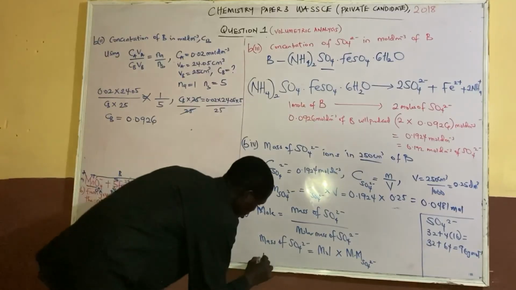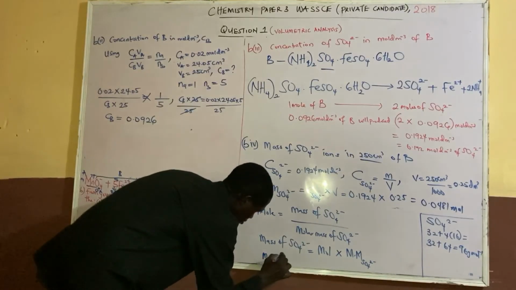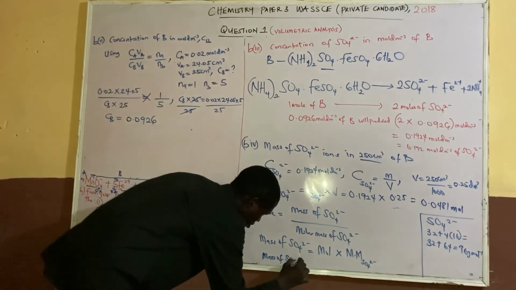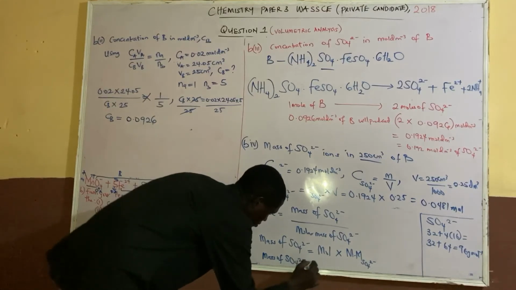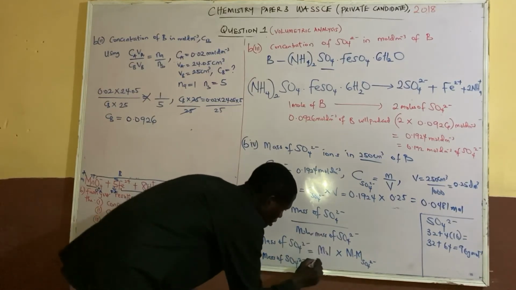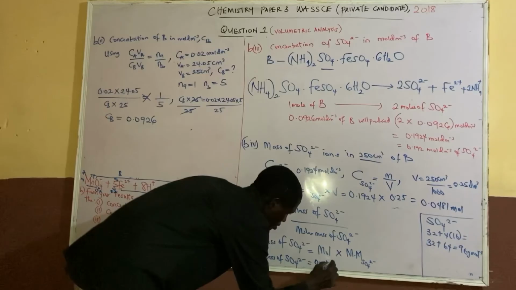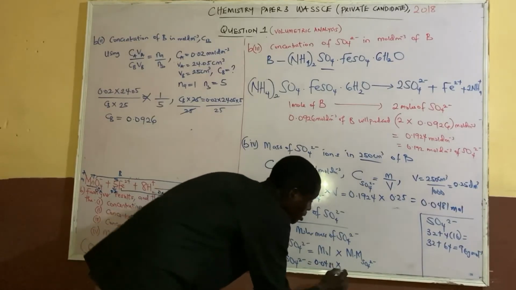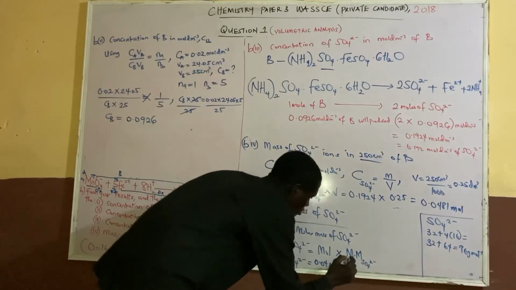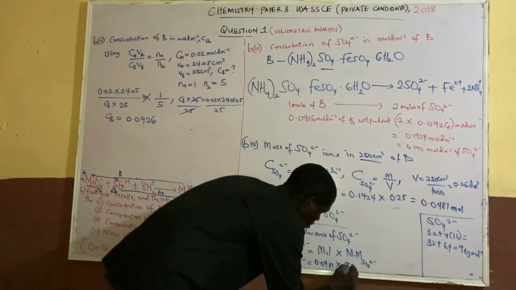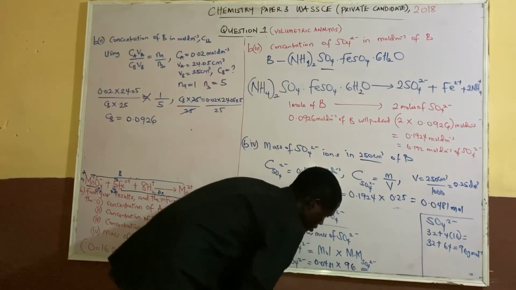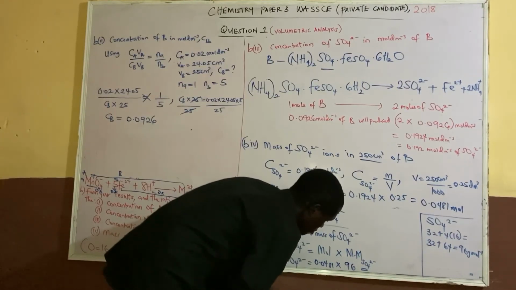So the mass of SO4 2 minus equals the mole that we got, 0.0481, times 96.